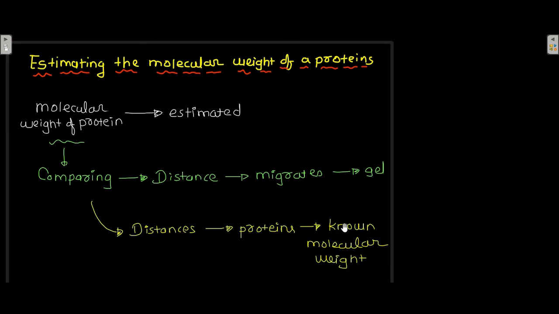Okay, so there is a gel, you run the unknown protein, the protein whose mass is unknown, and you also run a protein whose molecular weight is known, and then you compare both of their rates of migration. You compare the distances that both the proteins have covered, and that is how you estimate the molecular weight of the protein that you don't know.